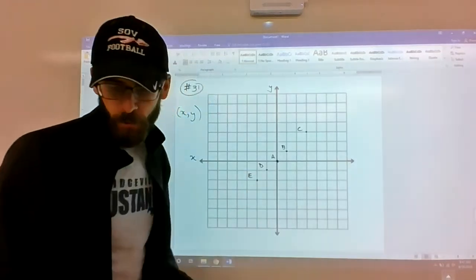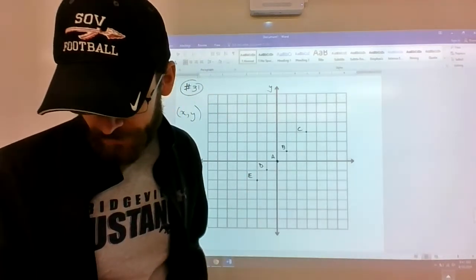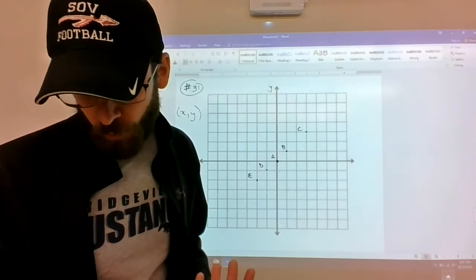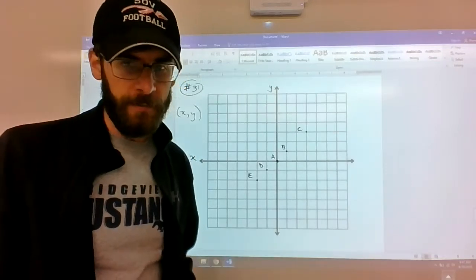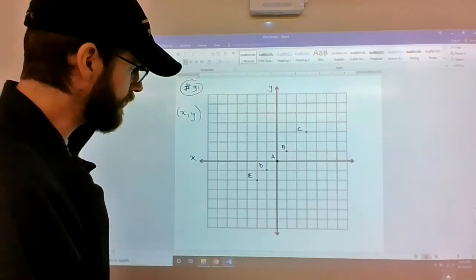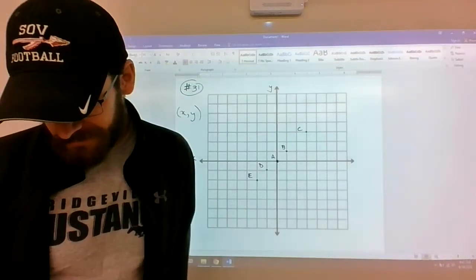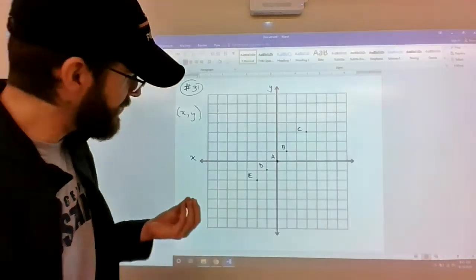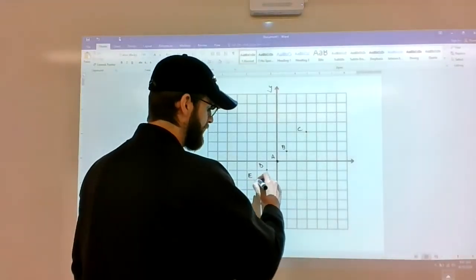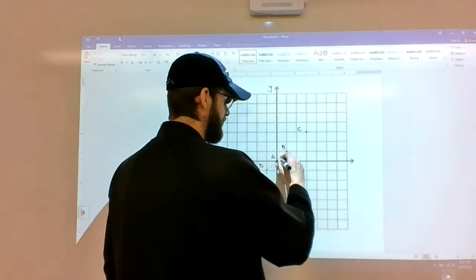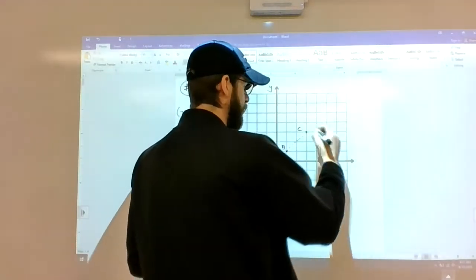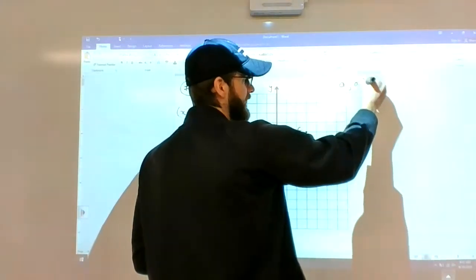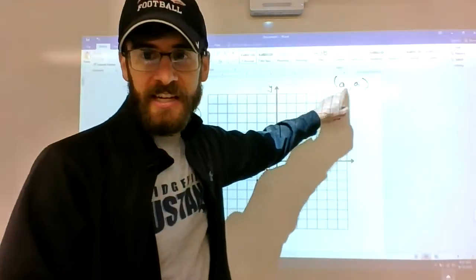So these are the 5 points they ask us to plot, and it says describe the set of all points of the form A, A, where A is a real number. When you think about it, these points all form this line here. They're saying describe the form A comma A, where the x is equal to the y.